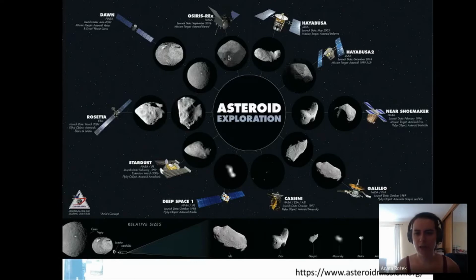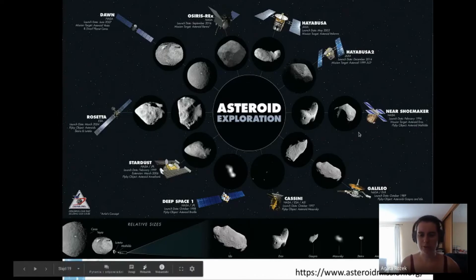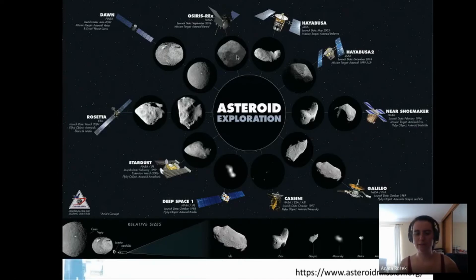We can see Bennu and Ryugu and Itokawa. So among all of those asteroids that have been even briefly visited by spacecraft, only 12 of them are near-Earth asteroids.